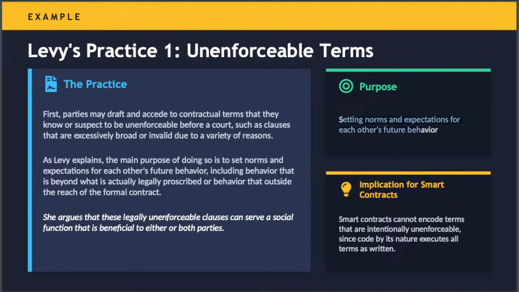So the purpose is setting norms and expectations for each other's future behavior. These are the reason for unenforceable terms. And implication for smart contracts? Well, smart contracts cannot encode terms that are intentionally unenforceable, since code, by its nature, executes all terms as written. Once put into action, it's going to execute.